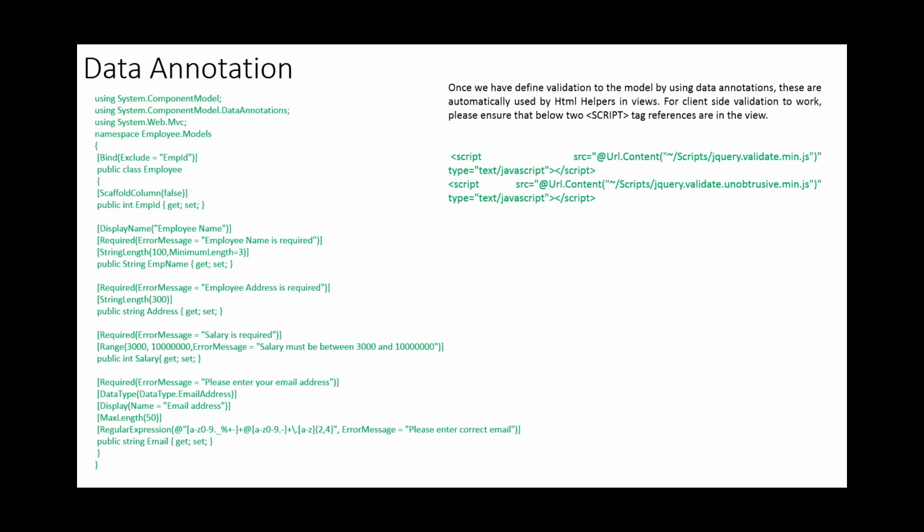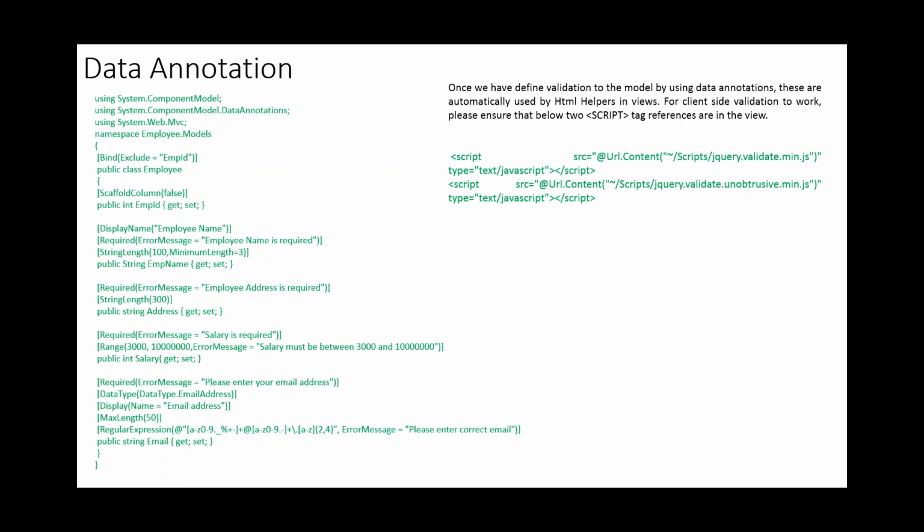We can simplify a class. If you see here, we have many data annotations defined for a particular class. Bind(Exclude = "EmployeeID"): while binding, you exclude just the employee ID, so that this employee ID won't be bound to your grid view or whatever is in the front end.